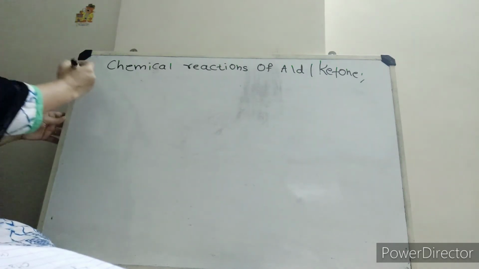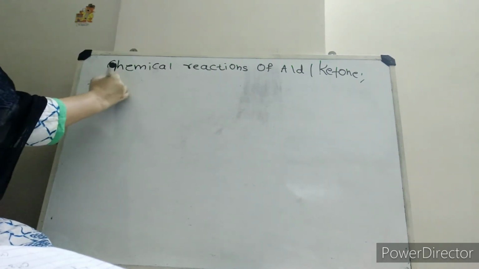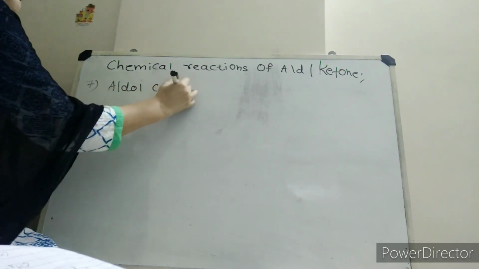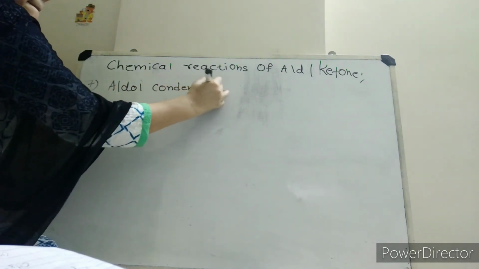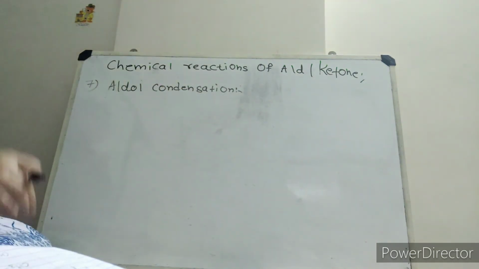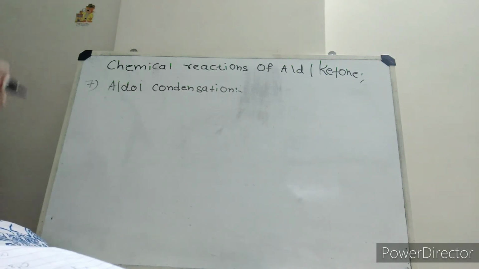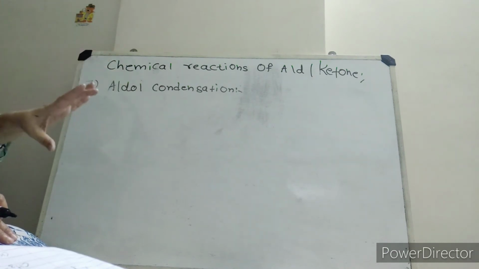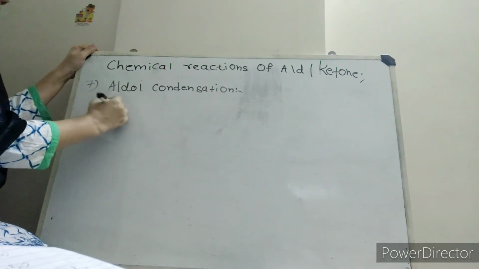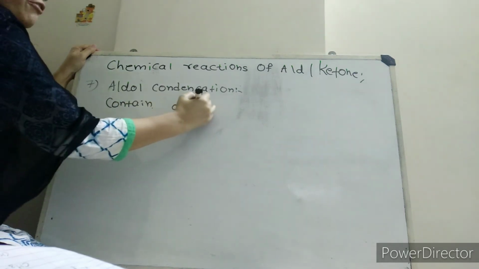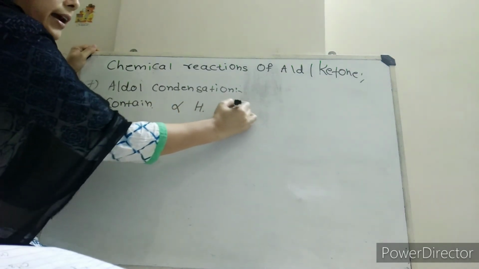Now the 7th reaction is aldol condensation. It's a very important reaction. In the aldol condensation, one condition is there. This reaction is given by those aldehydes which contain an alpha hydrogen atom.